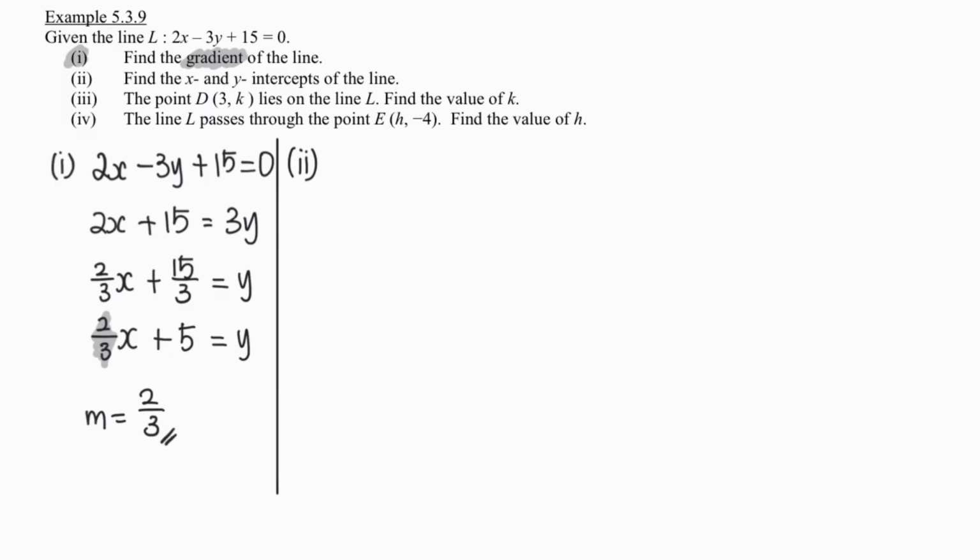So for the x-intercept, y is equal to 0. So 2x minus 3 times 0 plus 15 equals 0.